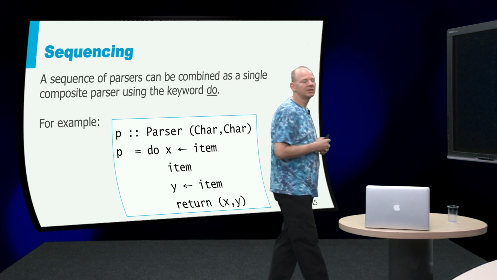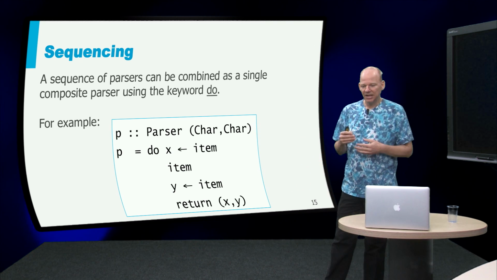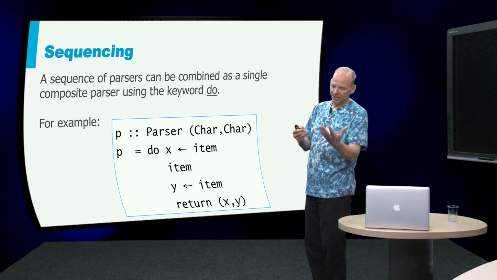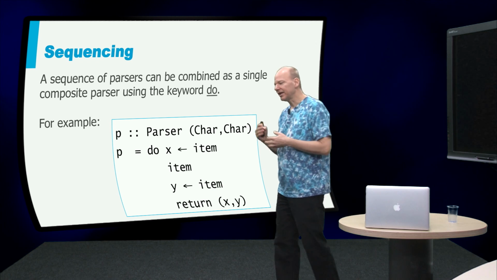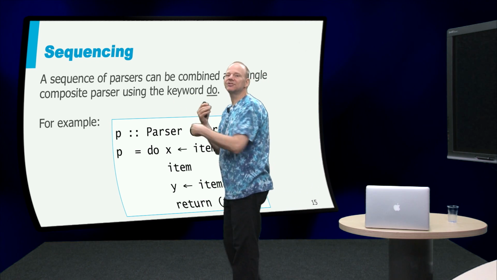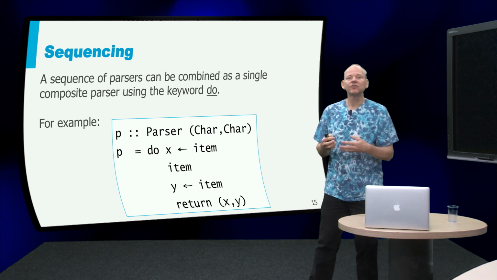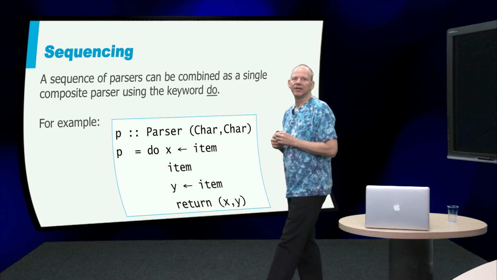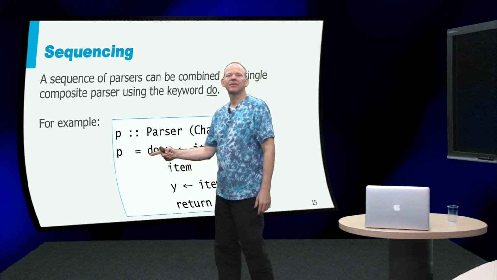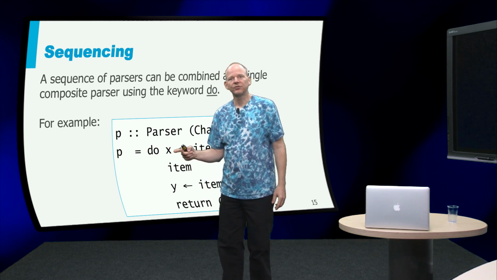So what we want to do is not try the other one if the first one fails, but sequentially compose them. We want to run one parser, and when it has terminated, run the next parser. And for that, we're going to use the so-called do syntax.